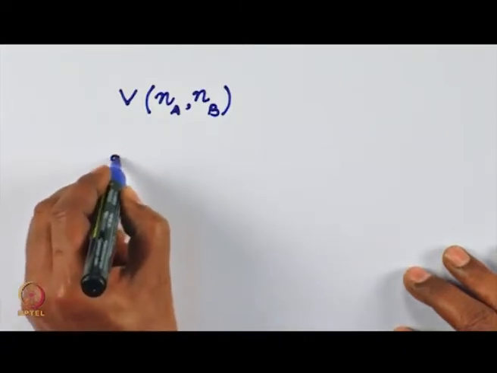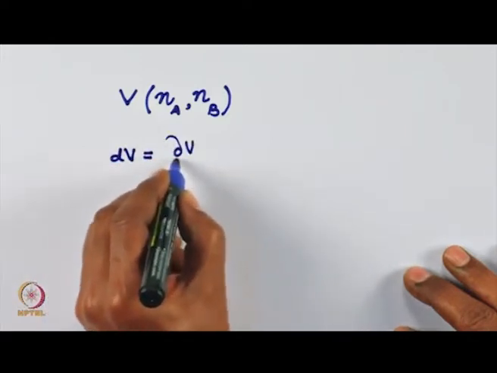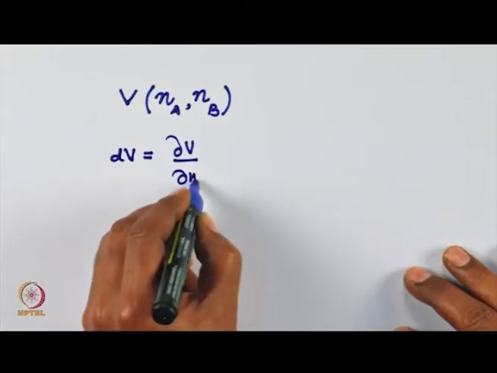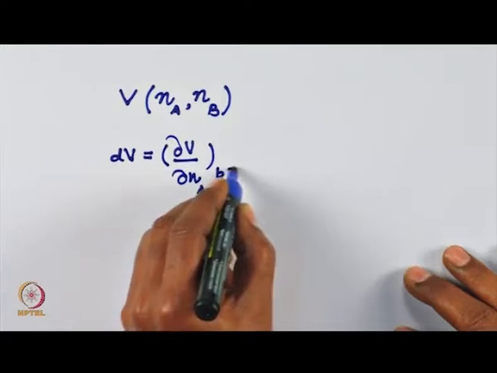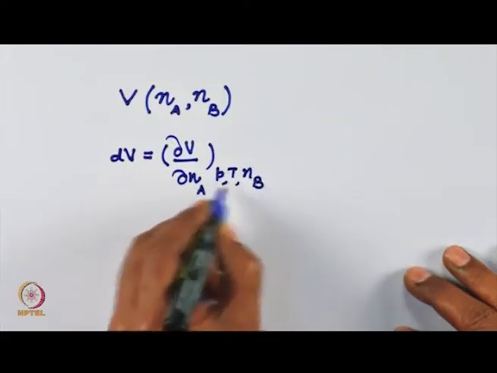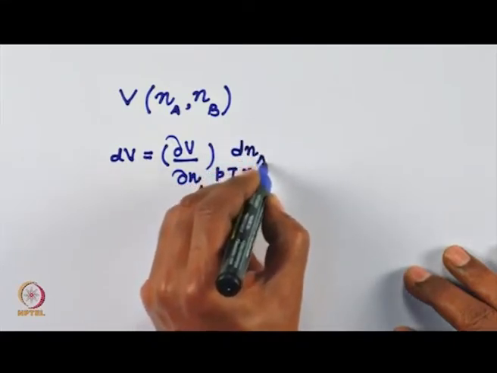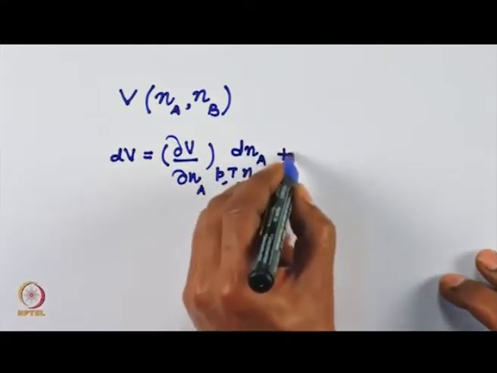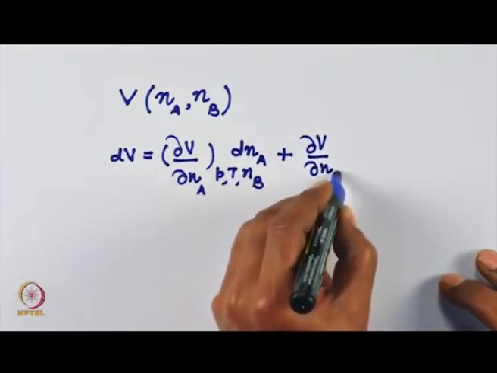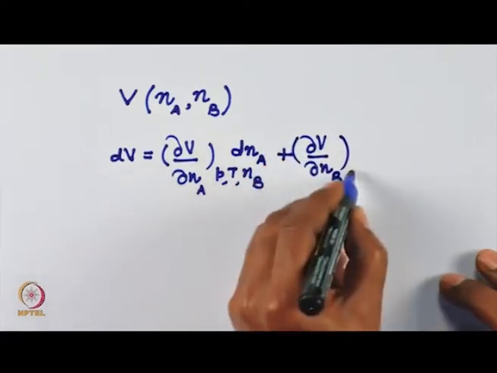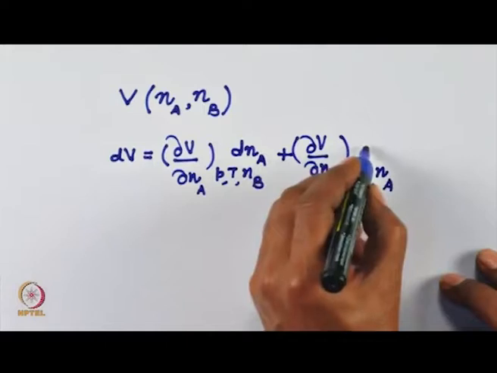Then I can write dV is equal to the partial derivative of volume with respect to Na at constant pressure, temperature, Nb, because we are holding pressure and temperature constant, dNa, plus the partial derivative of volume with respect to Nb at constant pressure, temperature, Na, dNb.